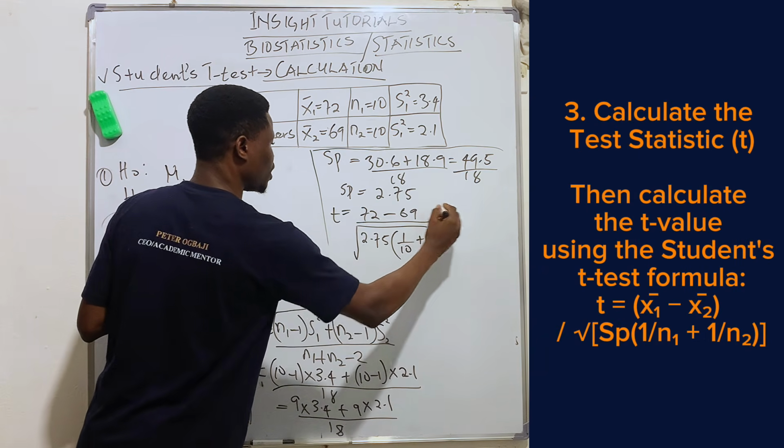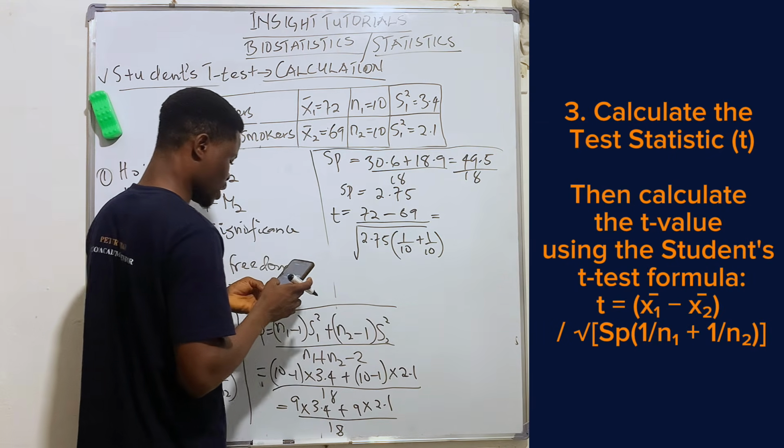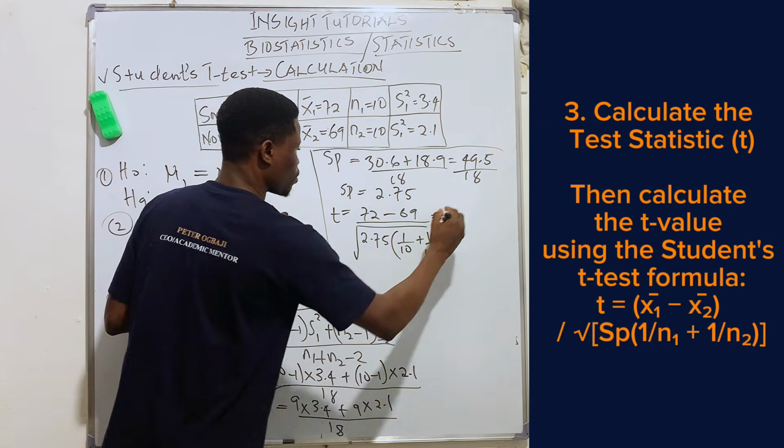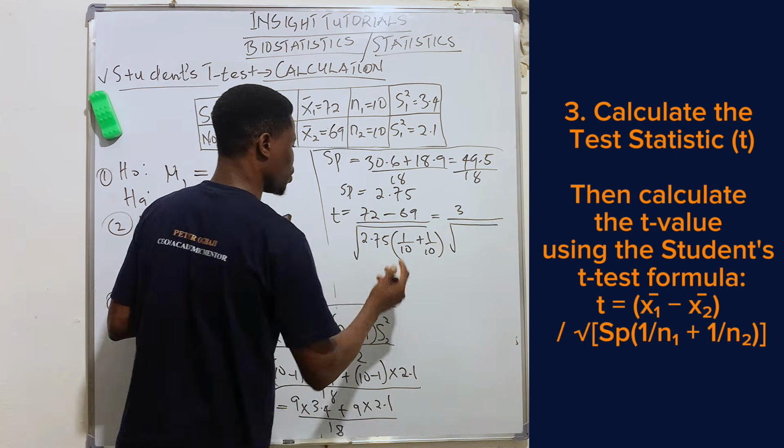So 72 minus 69 is going to be 3, all over the square root of.